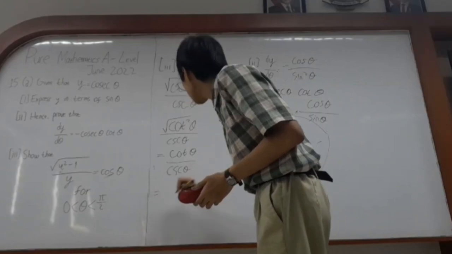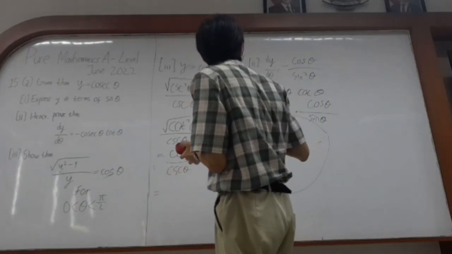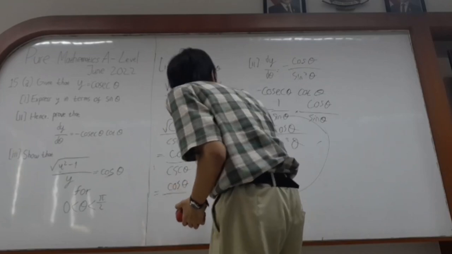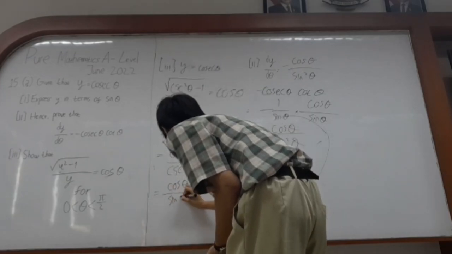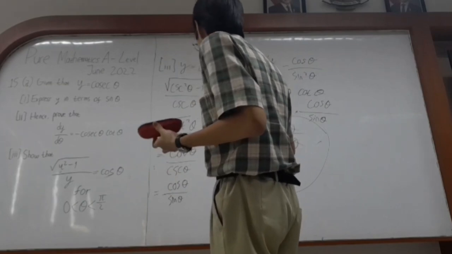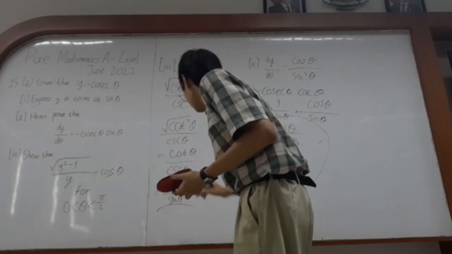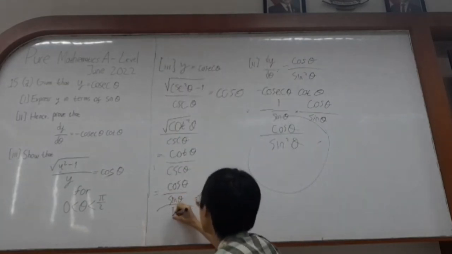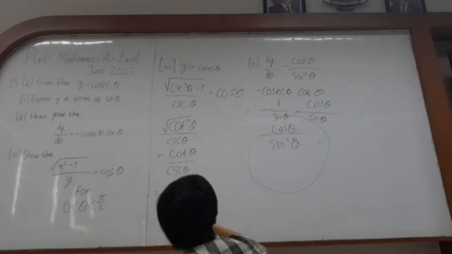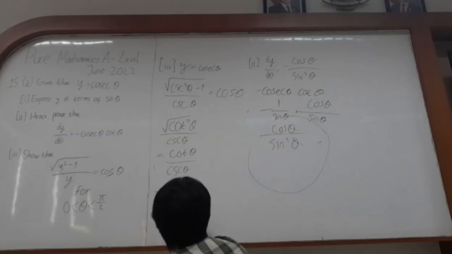Cot is equal to cos theta over sin theta, and CSC is equal to 1 over sin theta, and this leads to cos theta over sin theta over 1 over sin theta.